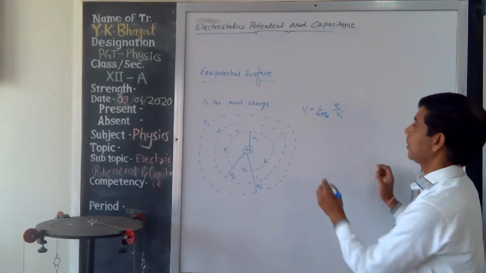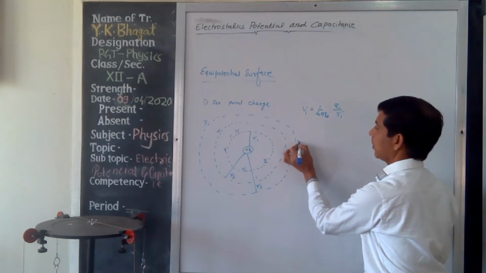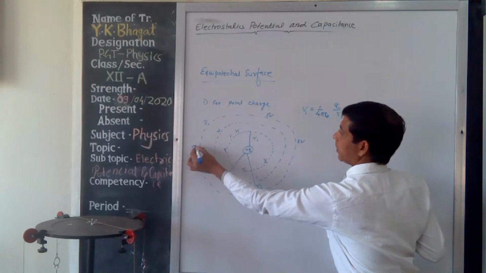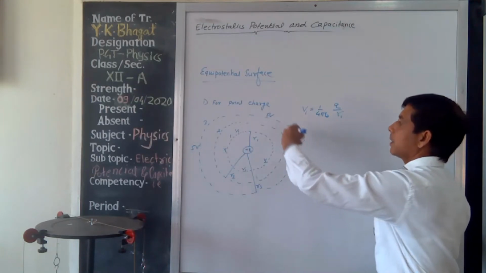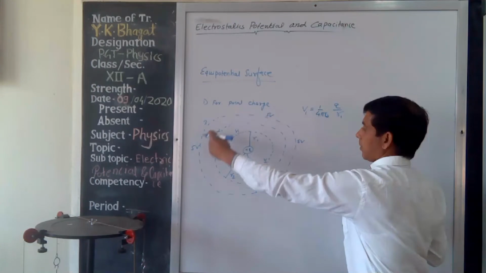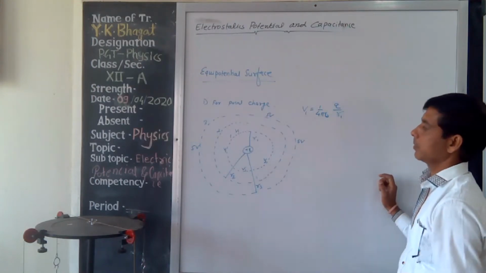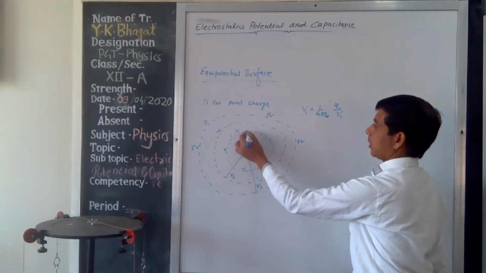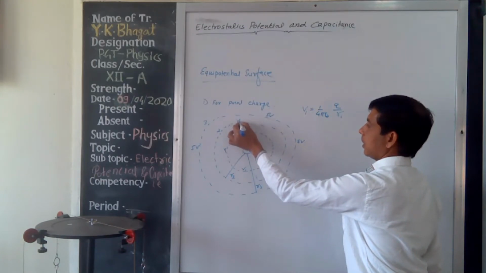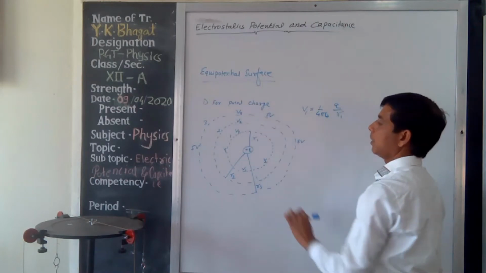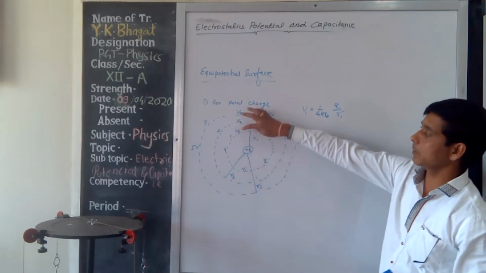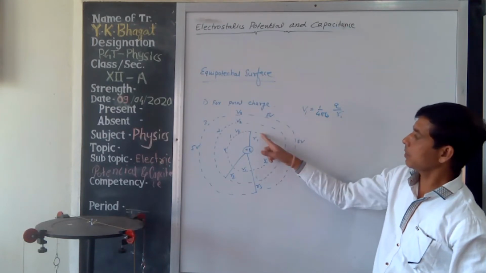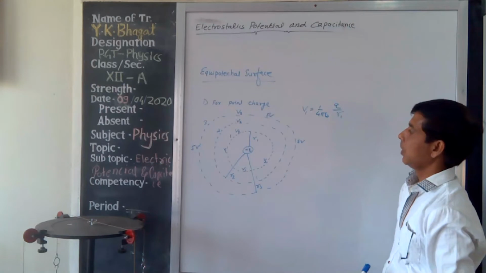Equipotential surface means, suppose at this point there is 5 volt potential, then here 5 volt again, here 5 volt again. Each and every point on the circumference of radius R3 has the same potential. But suppose the first surface has potential V1, the second V2, and the third V3. Why do these differ? Because distance differs for each circumference.